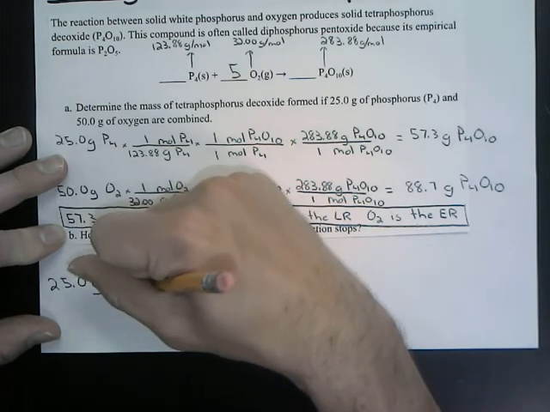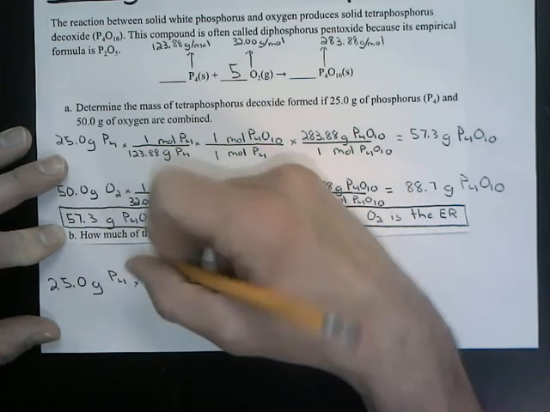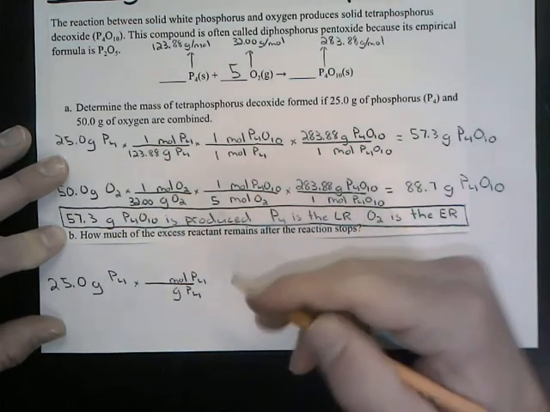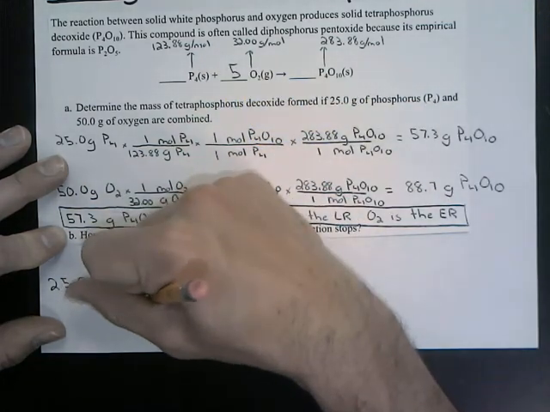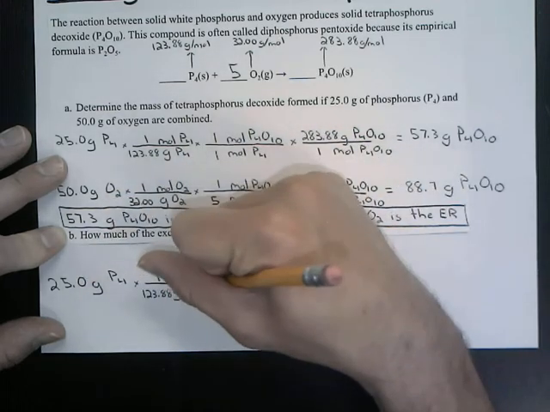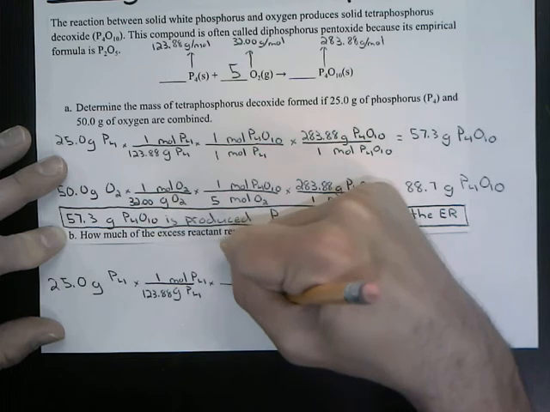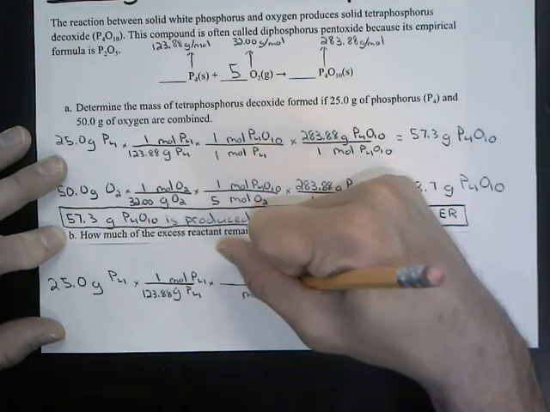Okay, so how we do this, we cancel out grams of P4 and go to moles of P4. So mole over gram, we turn to the molar mass, which is 123.88 per 1 mole. Then we need to cancel out moles of P4 and go to moles of O2.